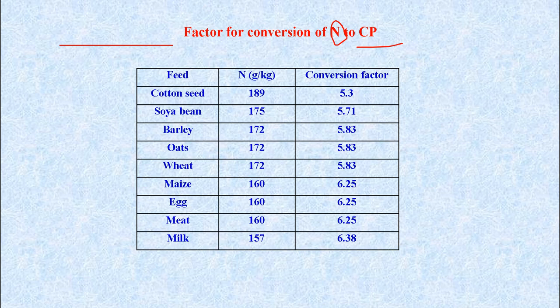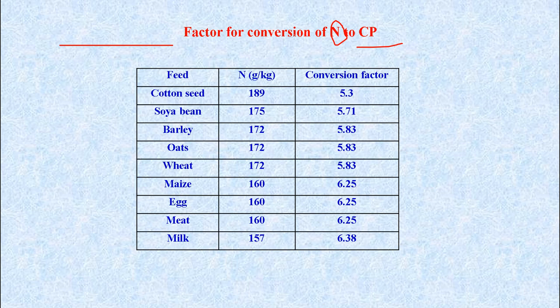The nitrogen present in cotton seed is highest, 189 grams, and if you convert with the factor, it comes to 5.3. Then soya meal is 175, with 5.71. This is a conversion factor, made based on certain observations.